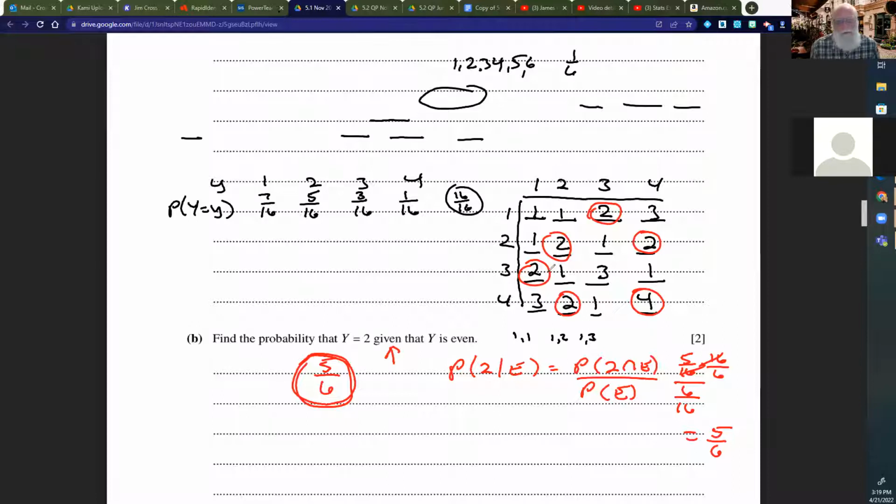I totally can, but you just have to understand what they're telling you. If they're telling you that we're given that y is even, then you can forget about all non-even numbers. Or you could use the formula and you're going to get the same result. Oh, yeah, that makes so much more sense.